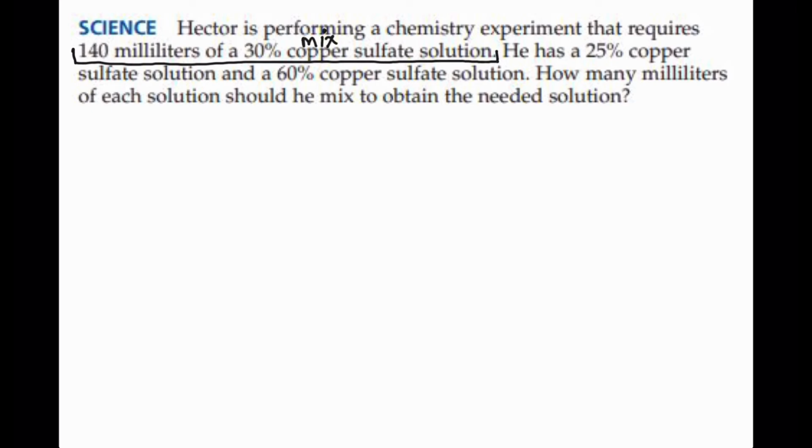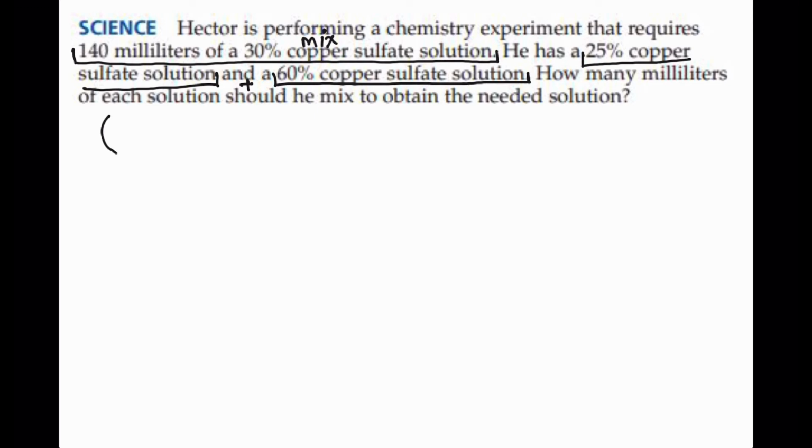In order to obtain that mixture, you need the 25% copper sulfate solution plus the 60% copper sulfate solution. But according to what they give us, we don't know the milliliters for each one of the solutions.